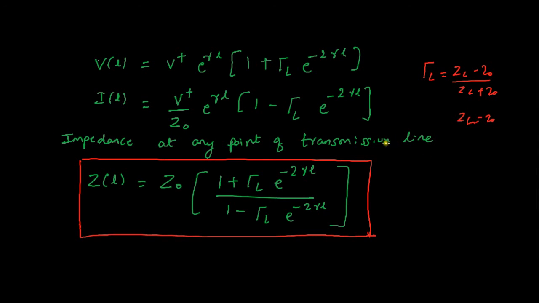Using all those terms, the final equation to find the impedance at any point of the transmission line, where L is measured from the load end, is Z of L equal to the characteristic impedance Z0 times 1 plus the reflection coefficient gamma L e raised to minus 2 gamma L, upon 1 minus gamma L e raised to minus 2 gamma L. This gamma L is called the reflection coefficient at the load end.